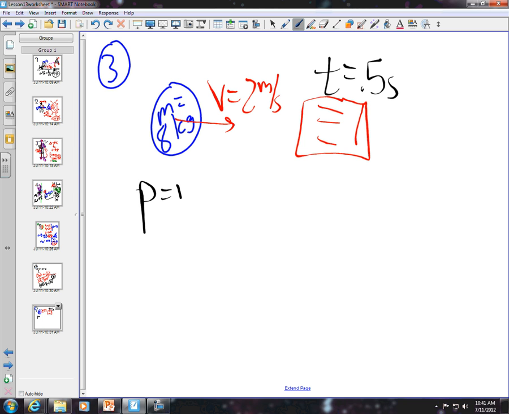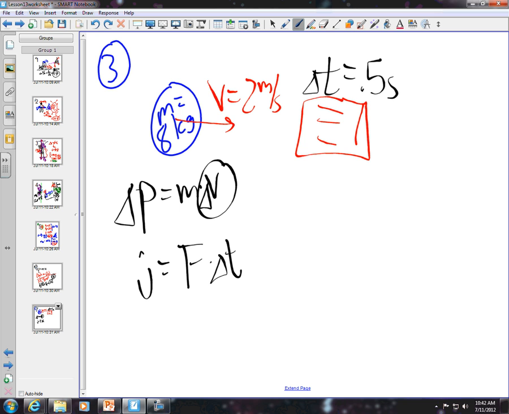Momentum is mass times velocity. Impulse is that average force times the change in time. And then change in momentum is the same thing, mass times the change in velocity. Well, it's going to go from 2 to 0. So final is 0, initial was 2. So the change in velocity is going to be a negative 2 meters per second.